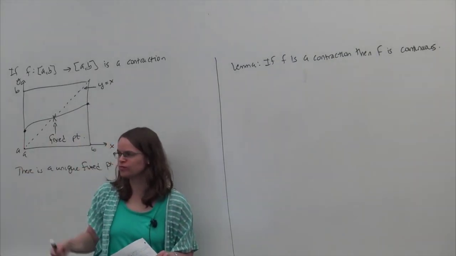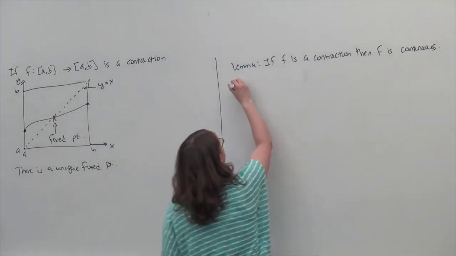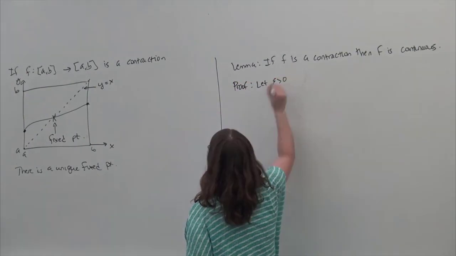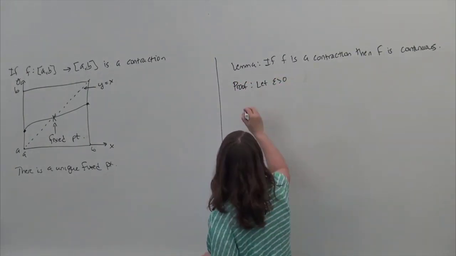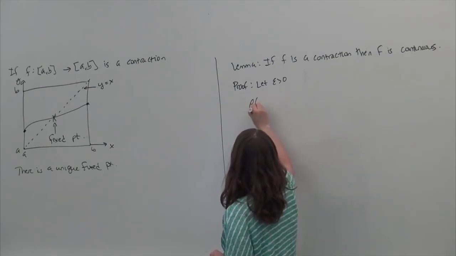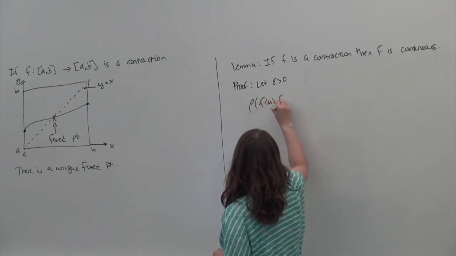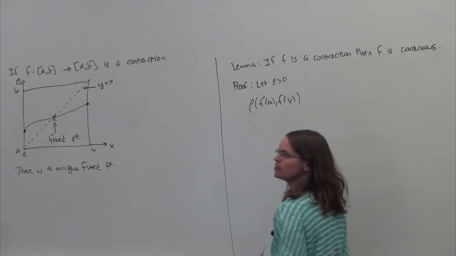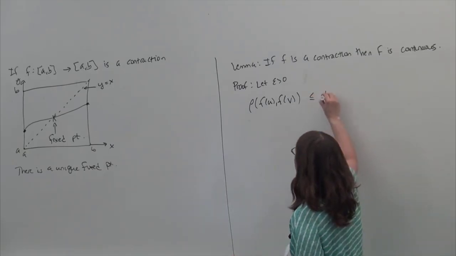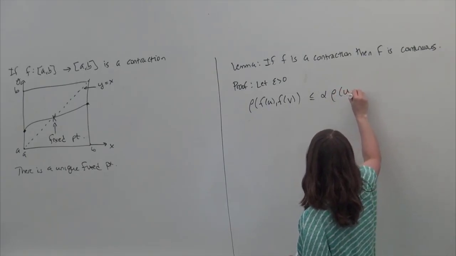And again, it's almost written exactly there already. So we pick epsilon to be bigger than 0. And what do we need to look at? We need to look at the distance between f of u and f of v and try to force it to be less than epsilon. Well, this we know is less than or equal to the distance between u and v.